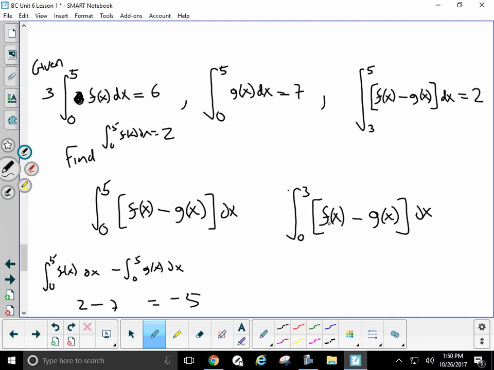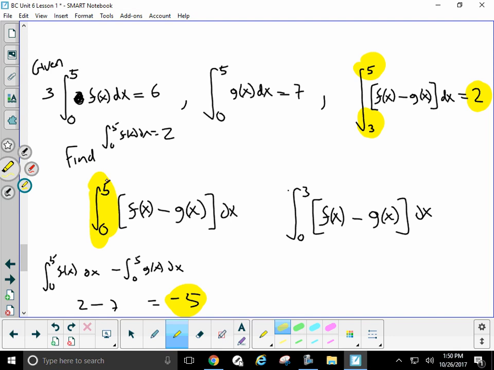0 to 3 of f minus g. All right, so this is tough. I don't have anything about 0 to 3. Okay? But what do I have? I have 0 to 5, that's negative 5. I have 3 to 5, that's 2.